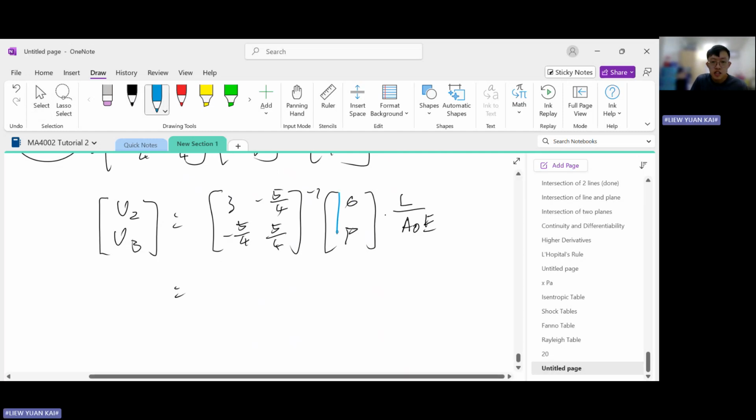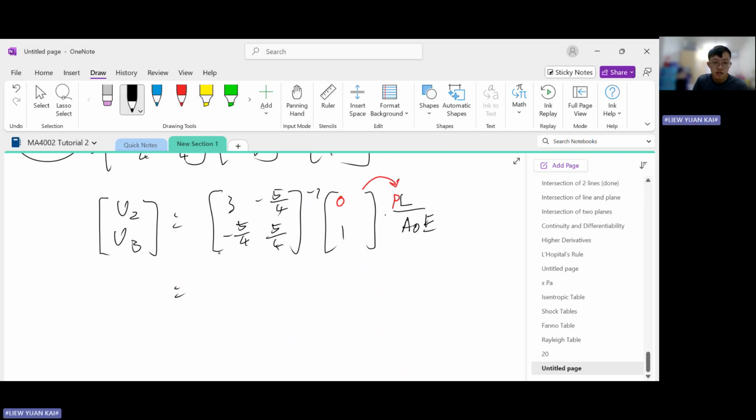And actually, you can treat this vector as having a common factor P. 0 is the same as 0P. So I can pull out a factor of P from this vector, so this will become 1. Then I can bring the P outside here. So I just factorized out P.